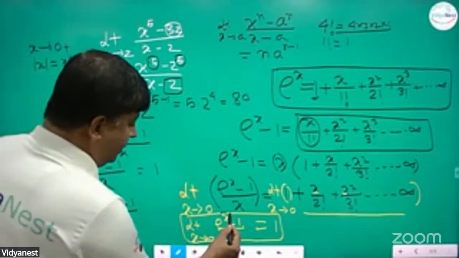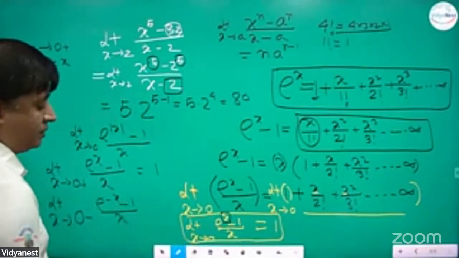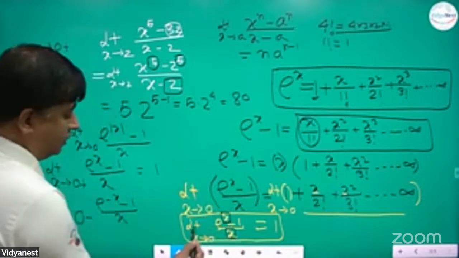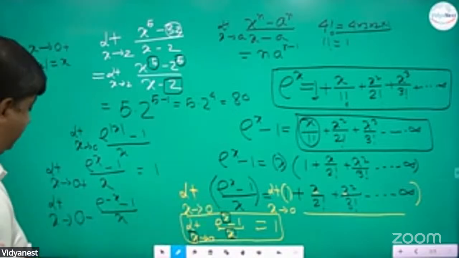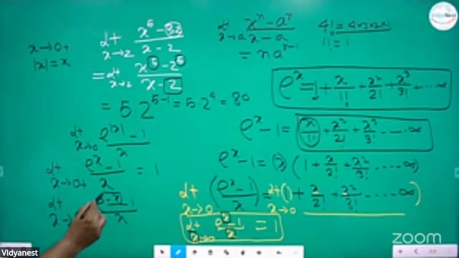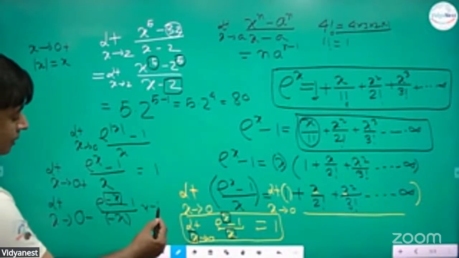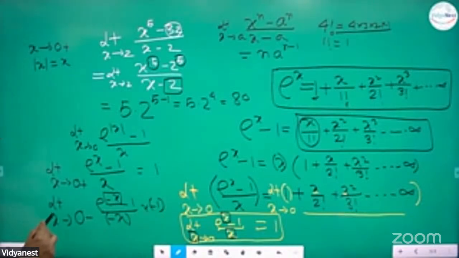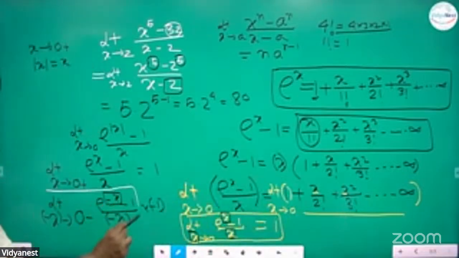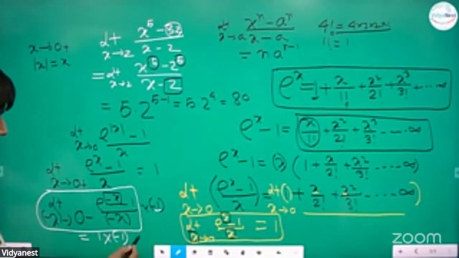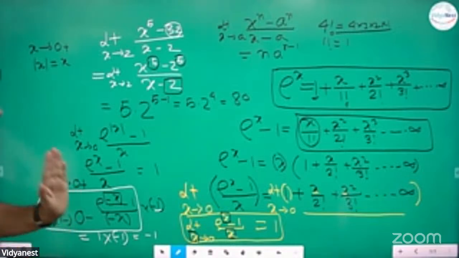Because you observe here each power is x, it is divided by x, and the variable x at which the limit is found is also x. But here it is minus x. So bring 1 minus to balance, multiply by minus 1. You can write x tends to 0 means minus x also tends to 0. Now, instead of this, you can put 1, but that minus 1 will remain. So, the left-hand limit is minus 1.